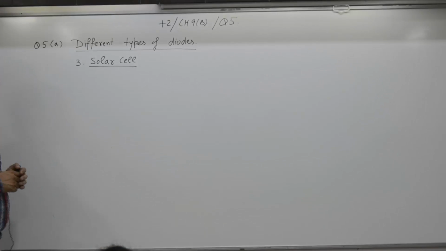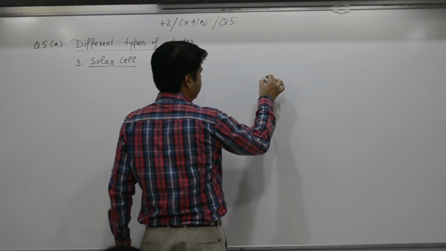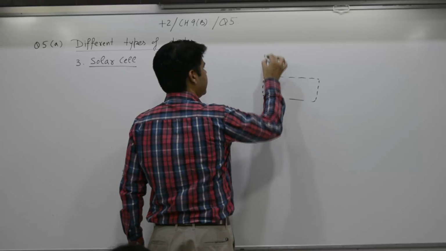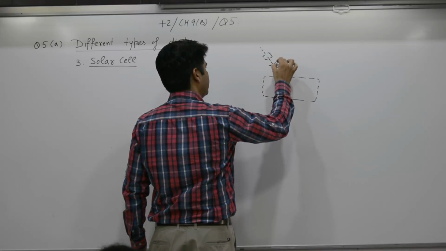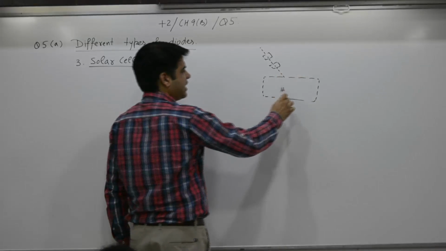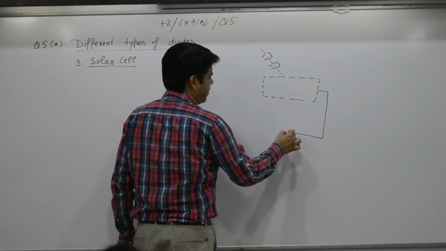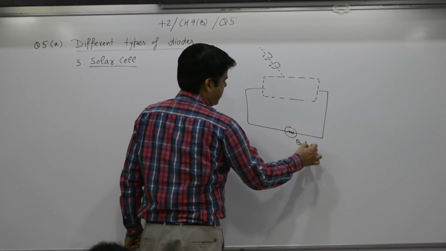Fine. Solar cell, again what? A diode. It will receive what? Photons. Photons will do what? Will release electrons and that flows through a bulb, a fan.